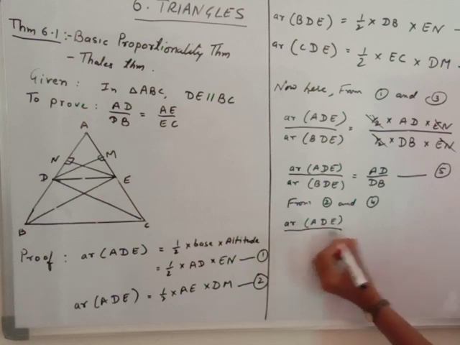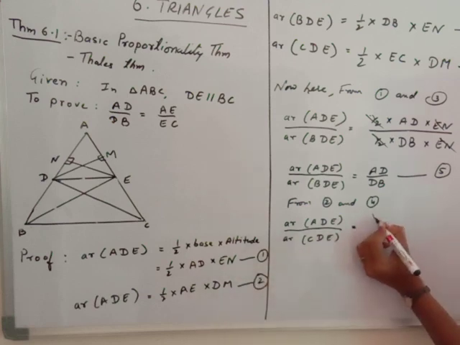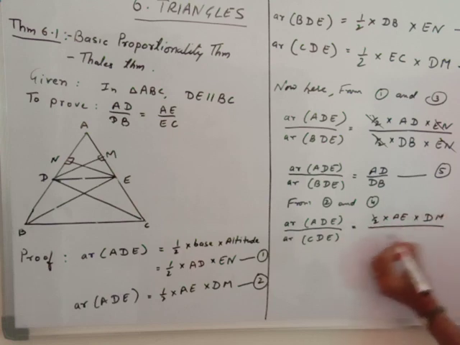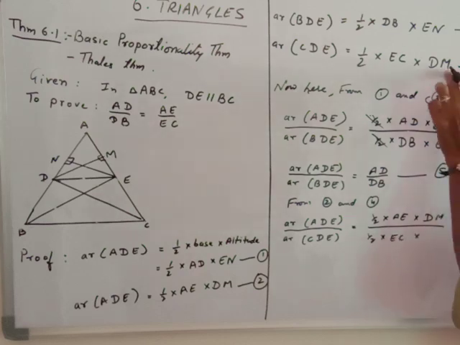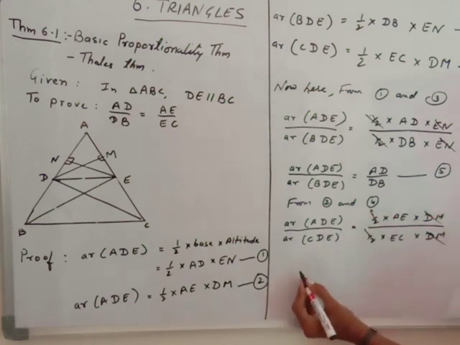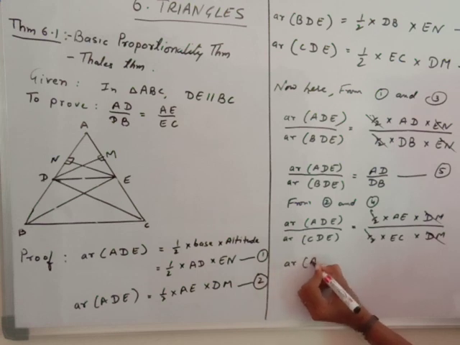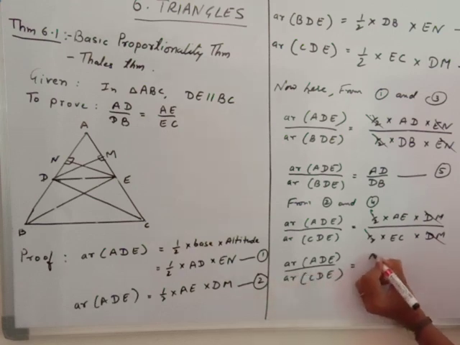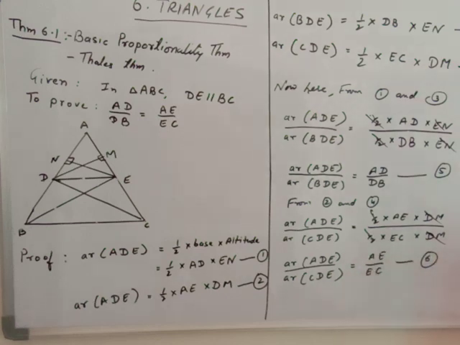Area of ADE upon area of CDE, that is half into AE into DN, here also half into EC into DM. Half cancels, DM cancels. What is left? You get area of ADE upon area of CDE is equal to AE upon EC. Let this be the 6th one.